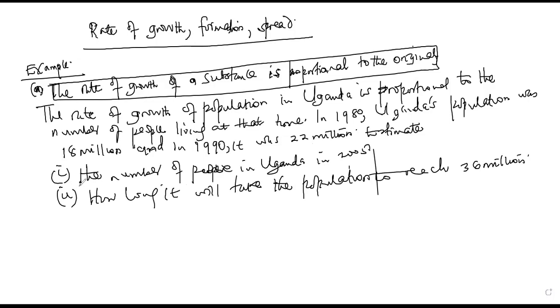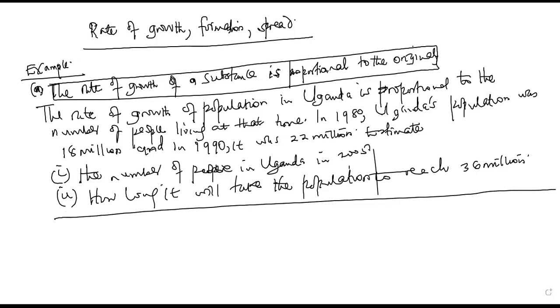Okay, now let's interpret this question. First of all, if we say rate of growth, formation, or spread, I gave you a condition whereby a rumor is spreading in a certain village, provided it leaves the mouth of one person, the bearer, and it goes to another person. It means that that rumor has started spreading. You won't stop it. Even after years, you'll find the same thing being talked about.